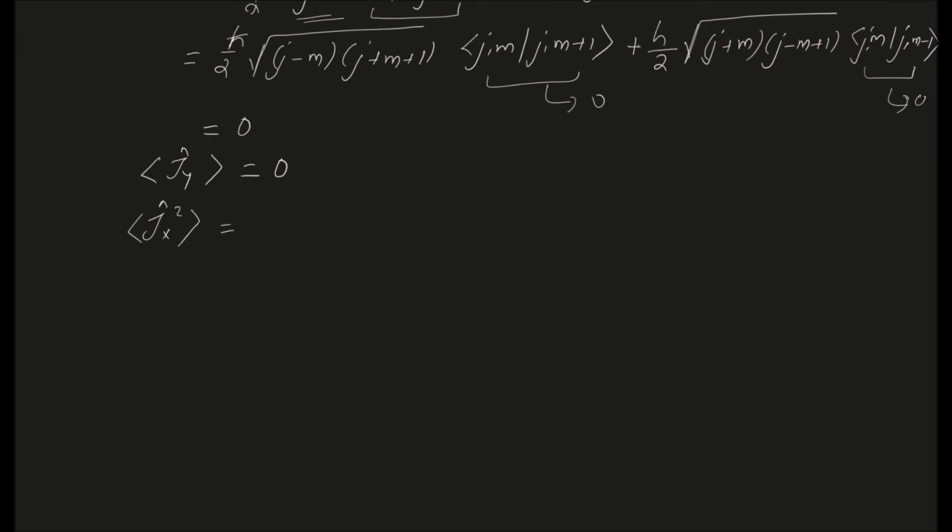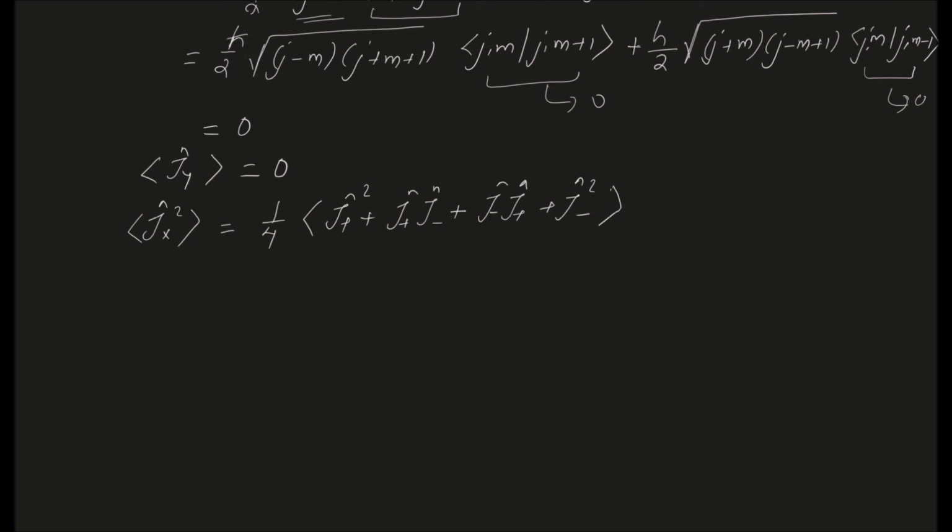So this is from the previous class. We have seen that this can be written as 1 by 4 then (j plus)² + (j minus)² + j plus j minus + j minus j plus. So this expression we have seen in yesterday's class.